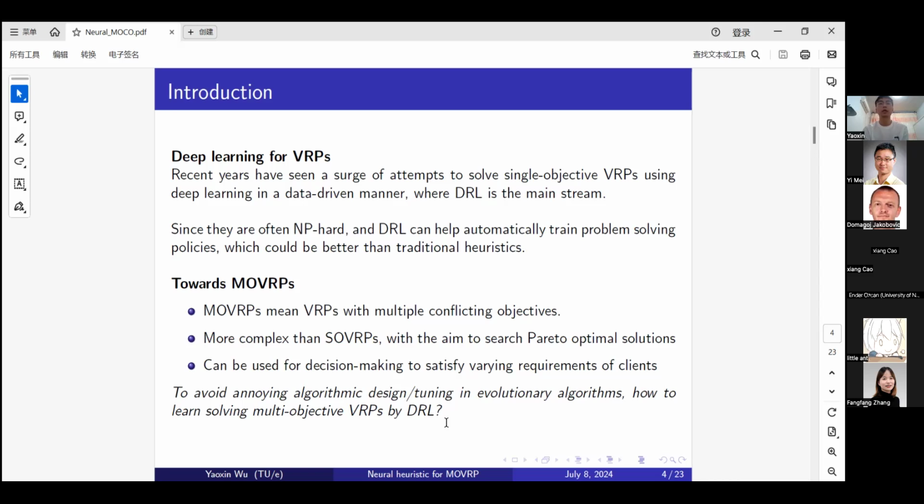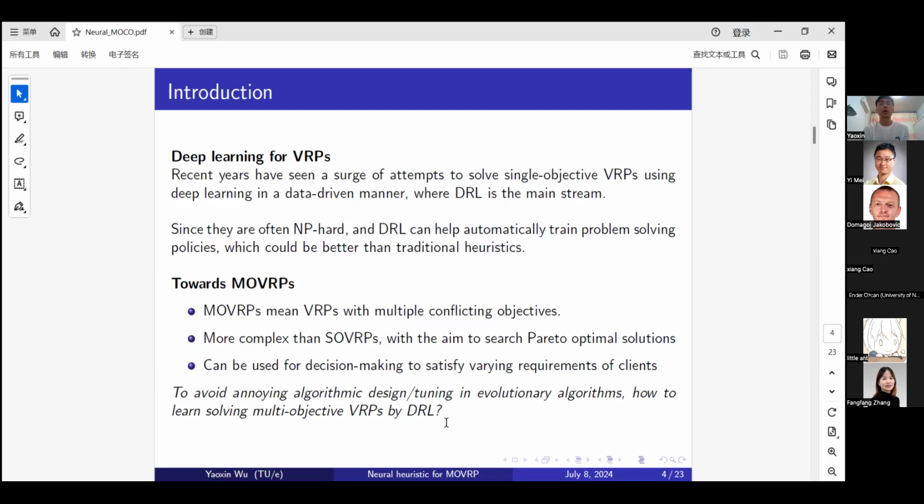You can also apply exact solvers, but these solvers may take hours or days to get the optimal solution. So heuristic methods are often used to solve these complex problems.